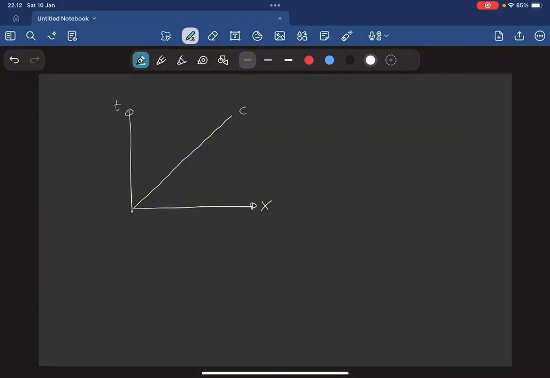It's like this. Conversely, any trajectory that makes equal angles with the two axes represents a light ray. In your stationary reference frame, that angle is 45 degrees.